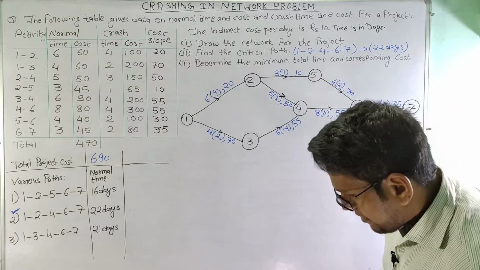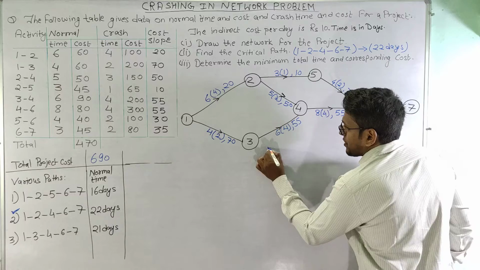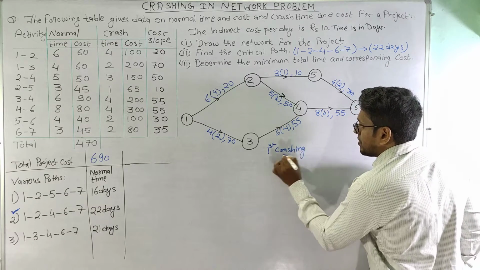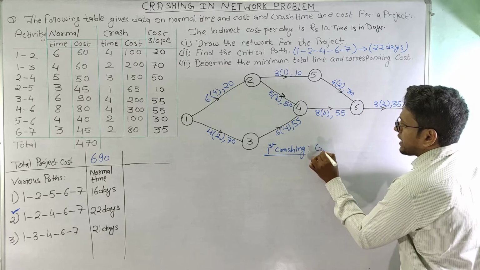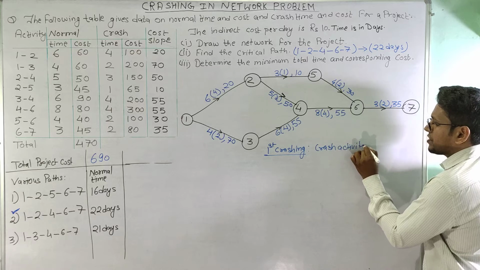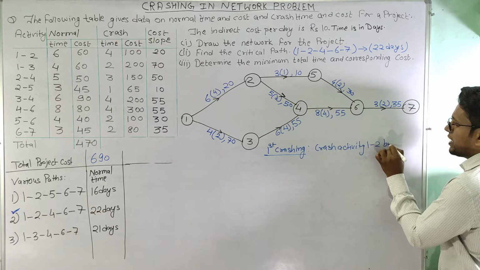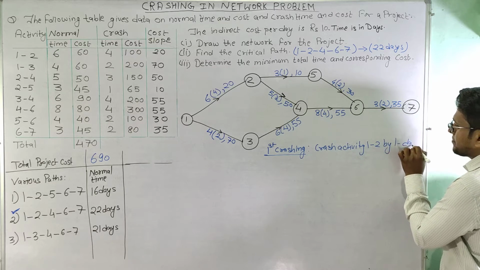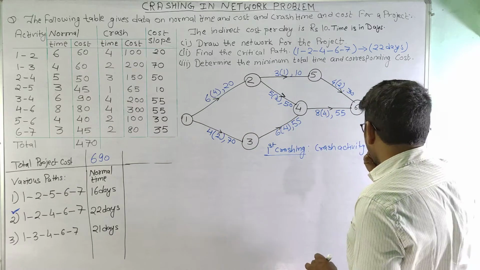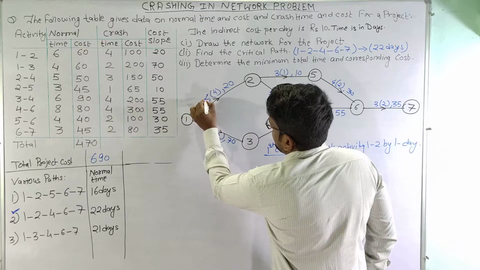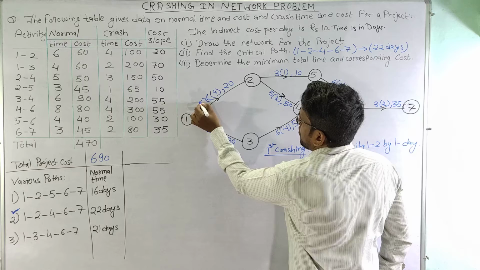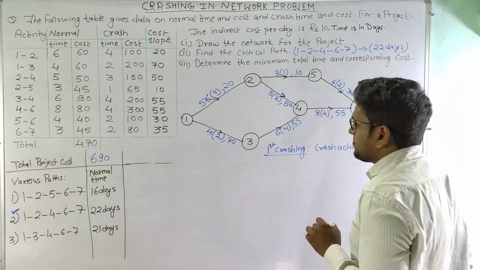So let us write here first crashing. For first crashing, we will crash activity 1-2 by 1 day. So we will crash activity 1-2 by 1 day, and since we will crash this activity, now this time will reduce from 6 to 5 days.